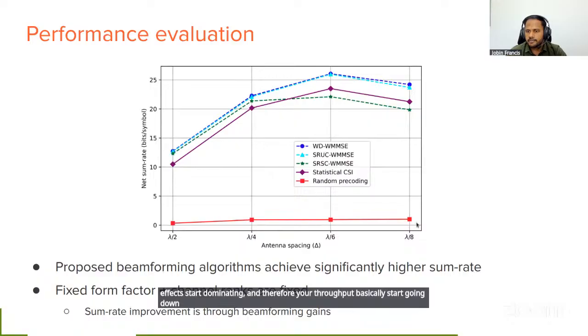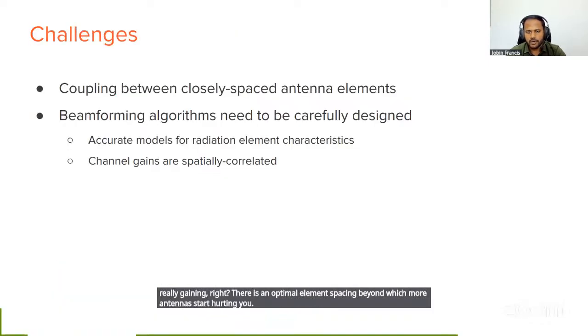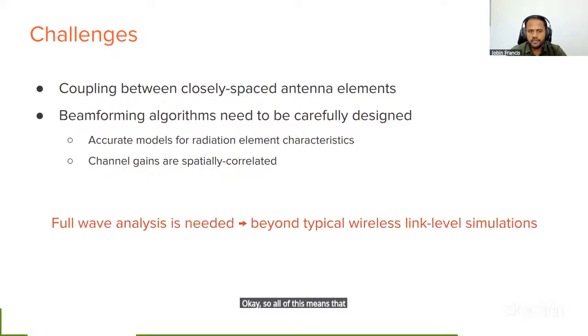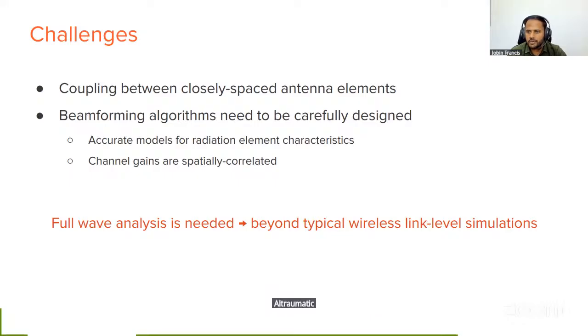So what it again means is that just by packing more antennas, you are not really gaining. There is an optimal element spacing beyond which more antennas start hurting you. So all of this means that you also need to account for these electromagnetic effects rather than just the communication picture, and that is why full wave analysis is often needed to account for electromagnetic effects and not just the wireless communication side of things.